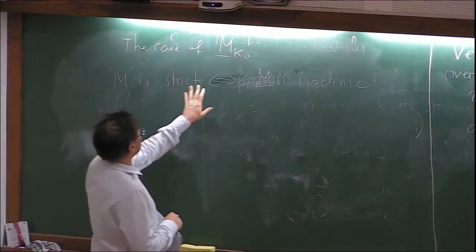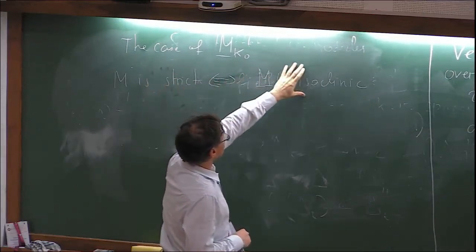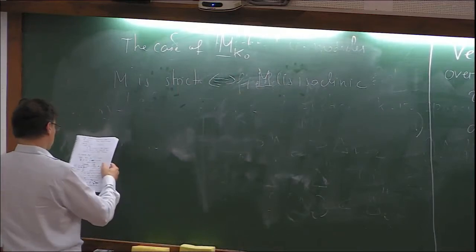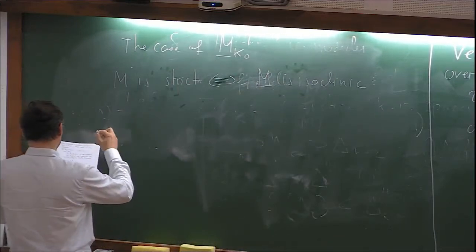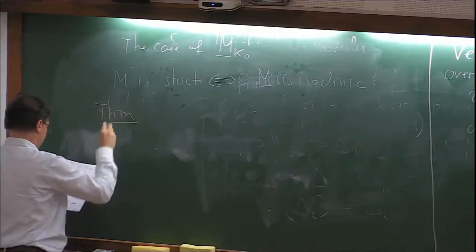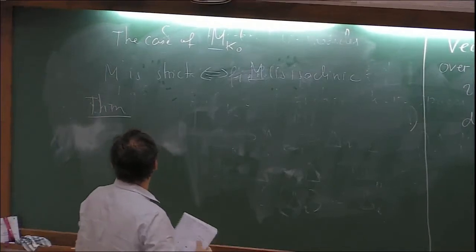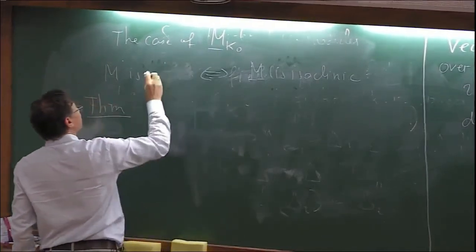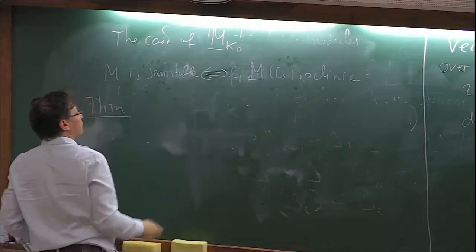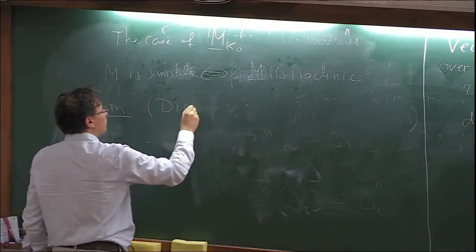In this case, strict objects correspond exactly to isoclinic objects. And we have the theorem of Dieudonné-Manin already. Semi-stable, yes.